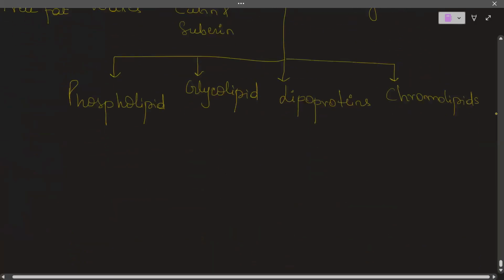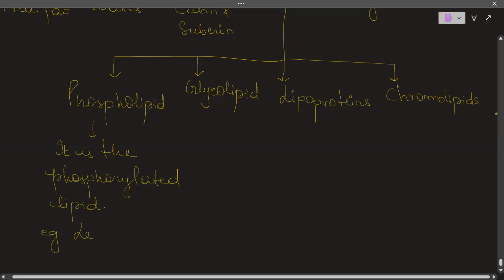Now, when we talk about phospholipid, it is the phosphorylated lipid, meaning the lipid that contains the phosphate.